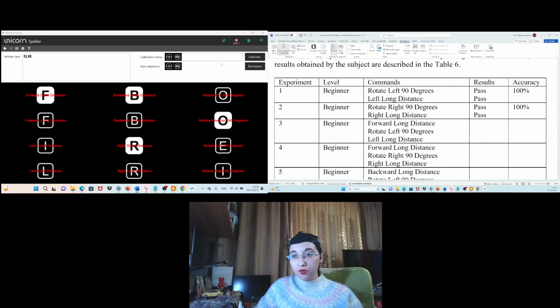Then we should send 3 commands: forward long distance, this one, then rotate left with 90 degrees, this one, and left long distance, this one. Forward long distance, rotate left 90 degrees, and left long distance.